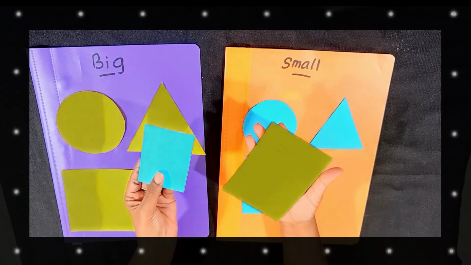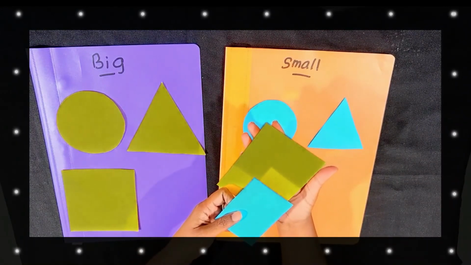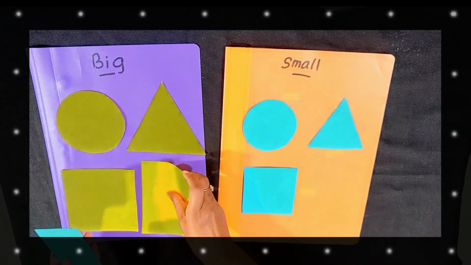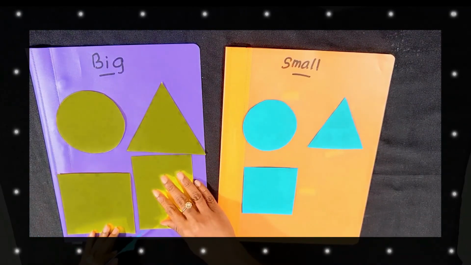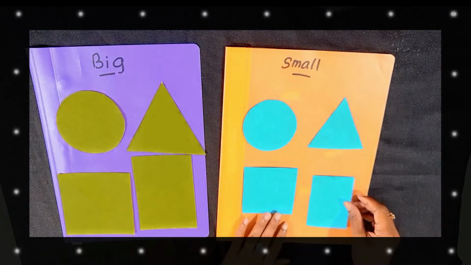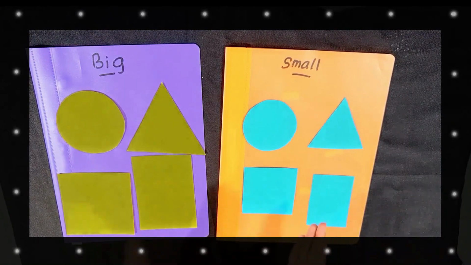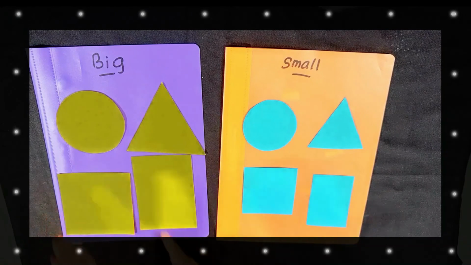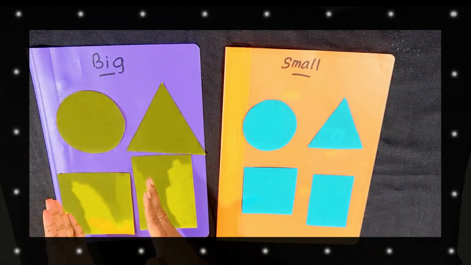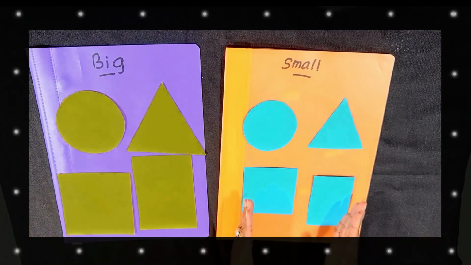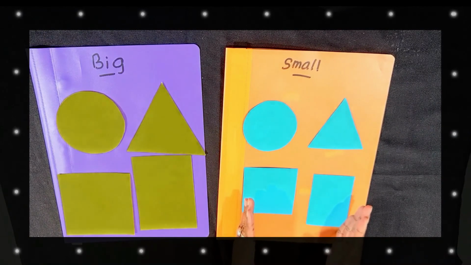This one is small and this one is big. So I will keep here. This time, these shapes are big shapes and these shapes are small shapes.